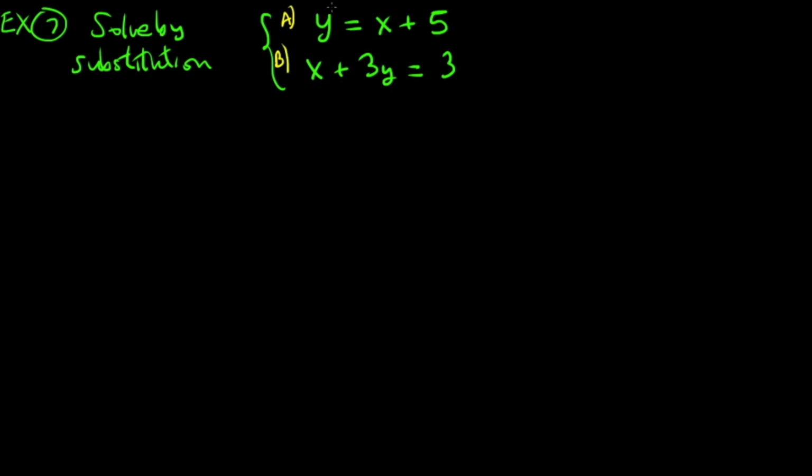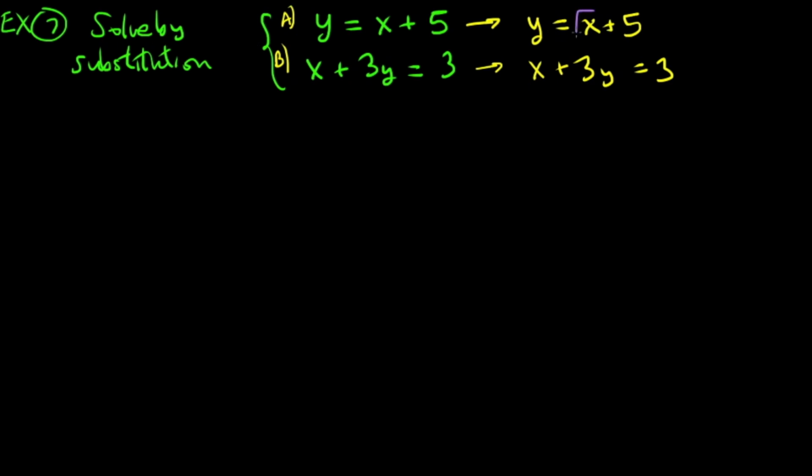So the method of substitution works like this. Here, you actually want to solve one of the equations for either x or y. And since equation A is already solved for y, right, then we can leave that alone. And then for equation B, we have x plus 3y is equal to 3. This is in the standard form. But the idea is this.